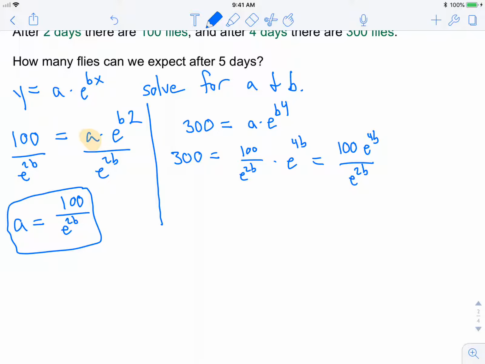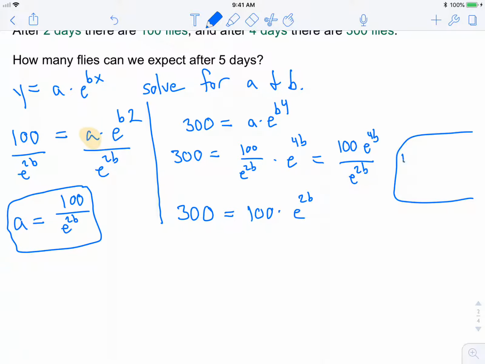And now we can cancel things on top and bottom. We have 4b on top and 2b on bottom. So this cancels out and leaves us with 100 times e to the 2b. And this is because 4b minus 2b is 2b.